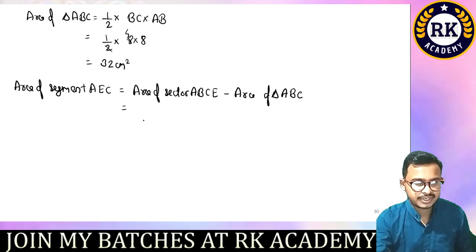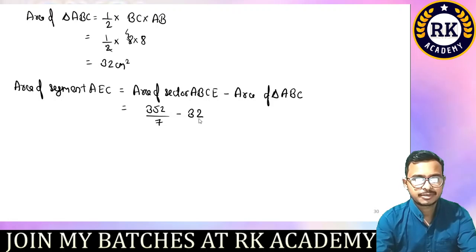So let us find this. Area of sector, this is 352 divided by 7, minus 32. So the area of segment AEC will be found first. So find this area.